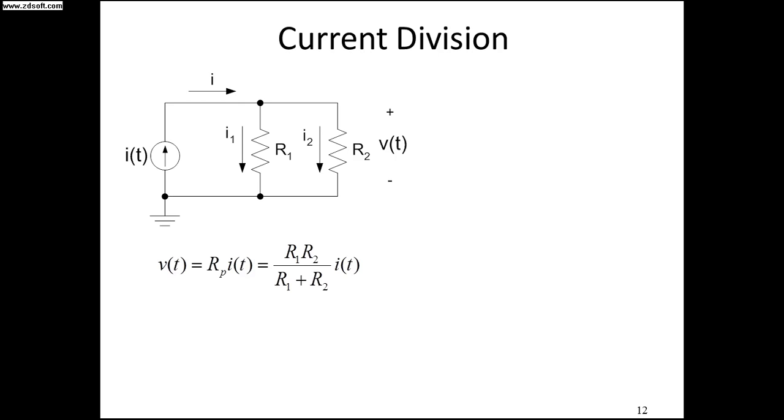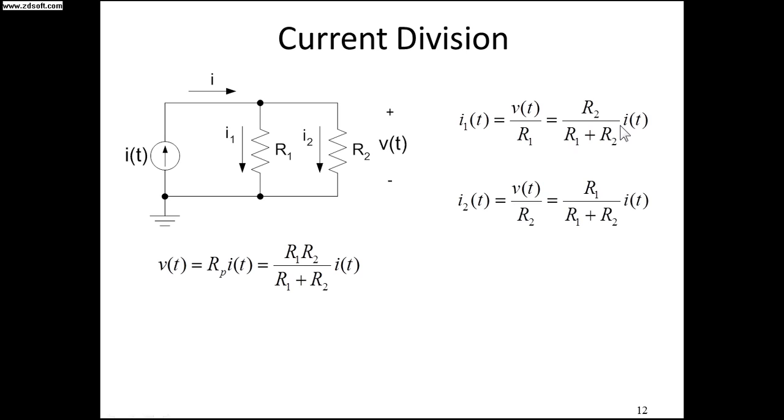So I1 of t is given by V of t divided by R1, where V of t is the voltage across R1. Both R1 and R2 have the same voltage V of t. I1 of t equals V of t divided by R1, and this is given by R2 divided by R1 plus R2 into I of t.